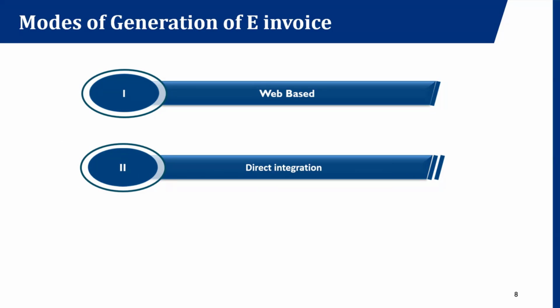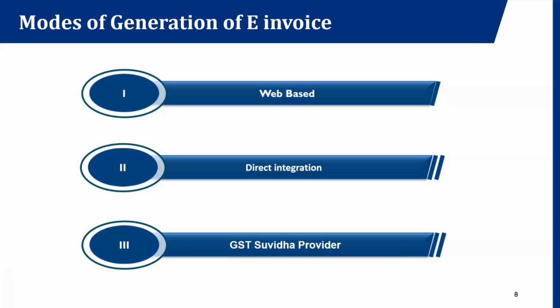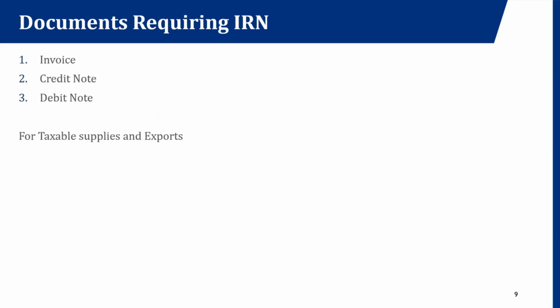Then direct integration: your ERP can be integrated to the e-invoicing portal and then get generated. And there are the GST Suvidha Providers, so those also can be connected to the e-invoicing portal. Based on these three things, and there are various others also, but these are the major ones, we can generate e-invoice.